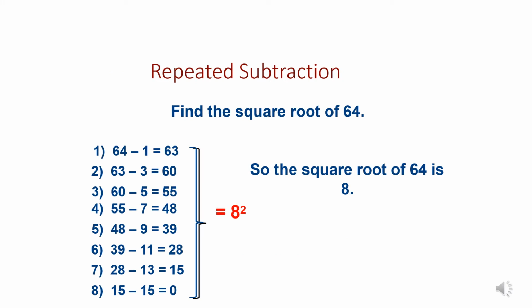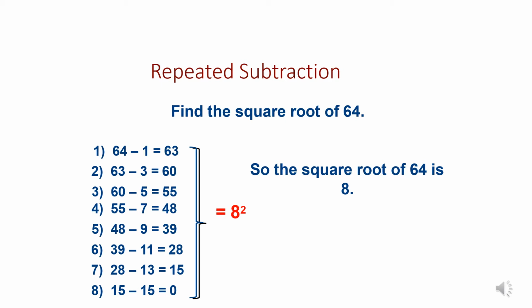Suppose we need to find the square root of the number 64. How are we going to find the square root of this number? Here we have to use the repeated subtraction method. As I have said earlier, we need to subtract odd numbers from the given number starting from 1.